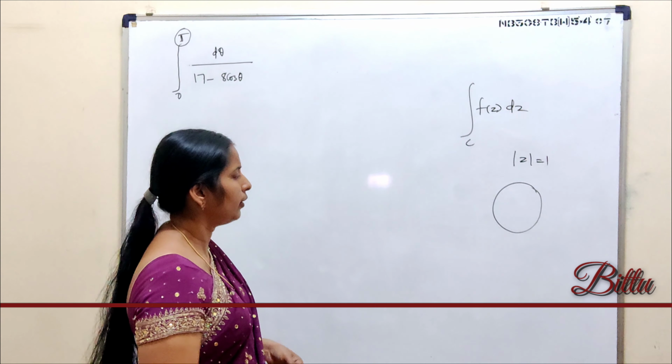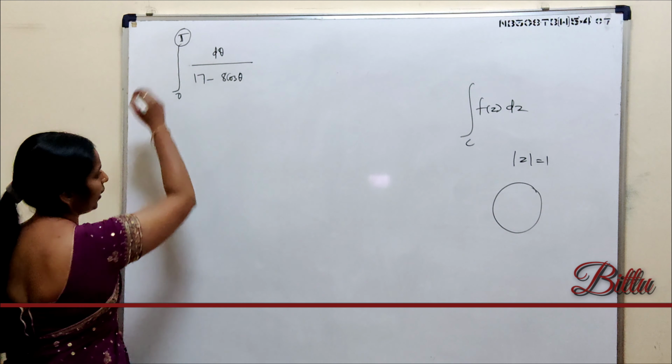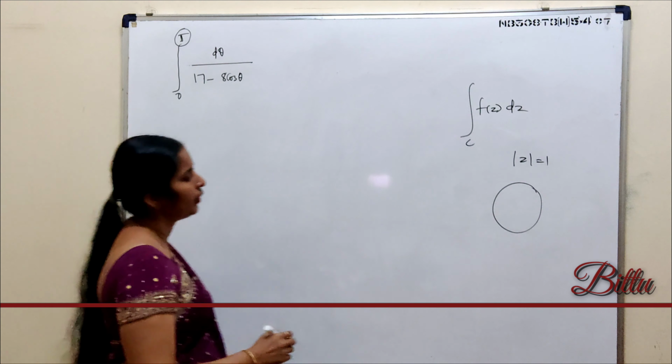If the variation is 0 to pi, then the variation of z will be along the semicircle. If it is 0 to 2 pi, it will be the complete unit circle. Otherwise, it will be a semicircle, and the semicircle is not closed, so you can't apply the residue theorem. That's why we have to make the given integral in the form integral 0 to 2 pi.